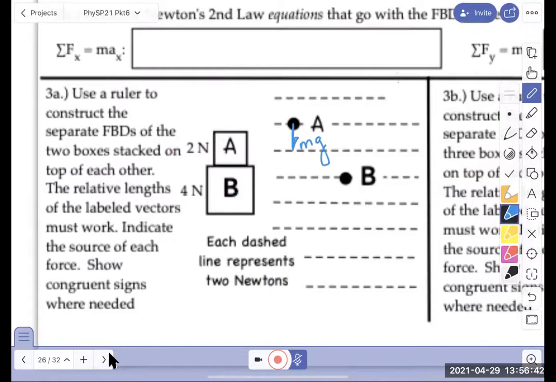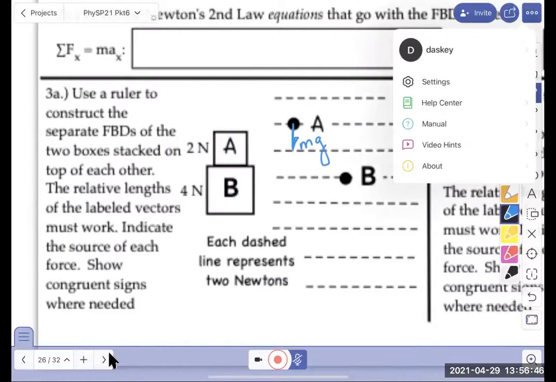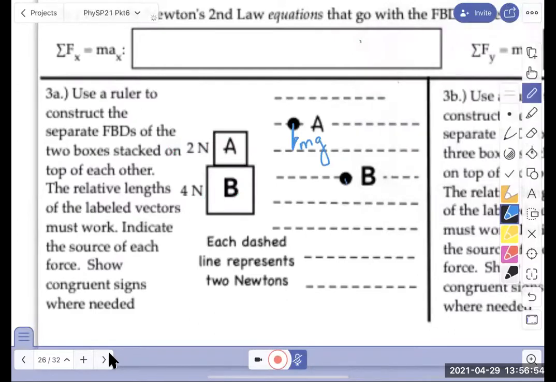Box B does have an MG. So box B, since you said that, box B is 4 newtons. Each one of these little lines is 2 newtons. So box B has an MG. You see my mistake now?